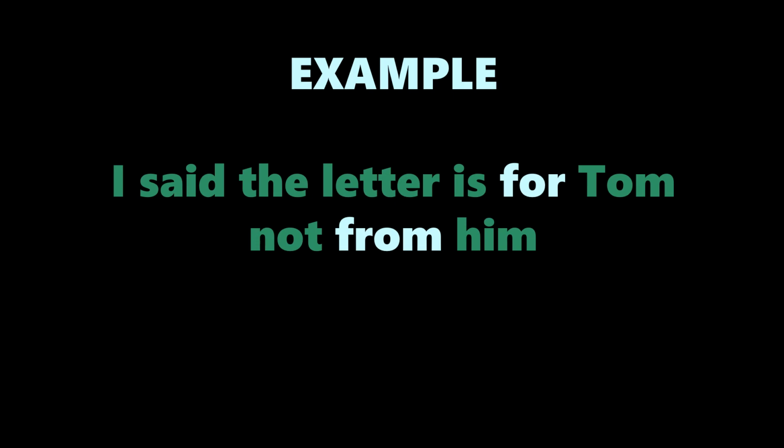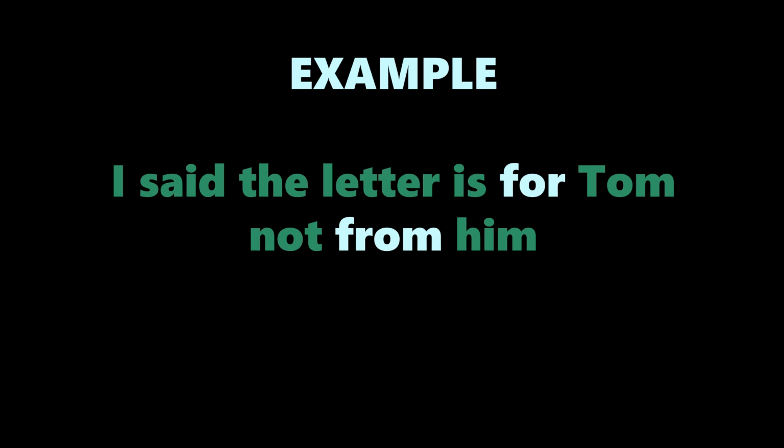Maybe we're in an office and my colleague thinks that we've received a letter. Tom has written a letter to us, and I'm trying to clarify the misunderstanding. I said the letter is for Tom, not from him. So in that case, I would emphasize using the strong form to try and clear up the miscommunication.